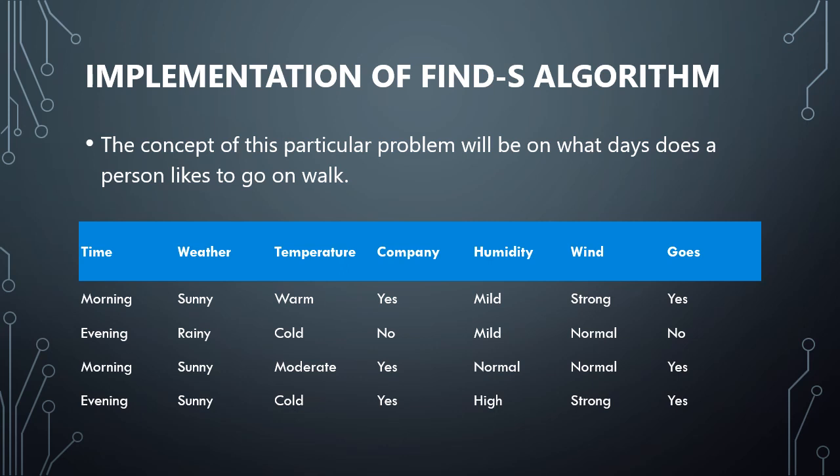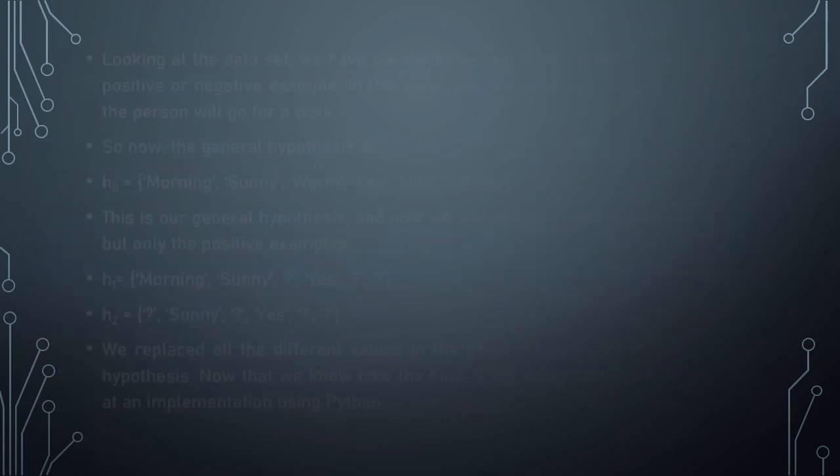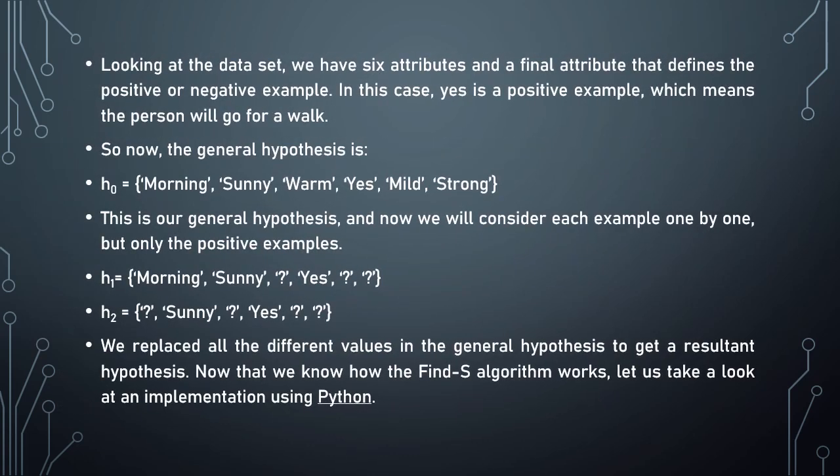So now the general hypothesis is first H0 equals, we'll write morning, sunny, and so on. Now we will consider each example one by one, but only the positive examples. We consider the first one and check whether it matches or not.